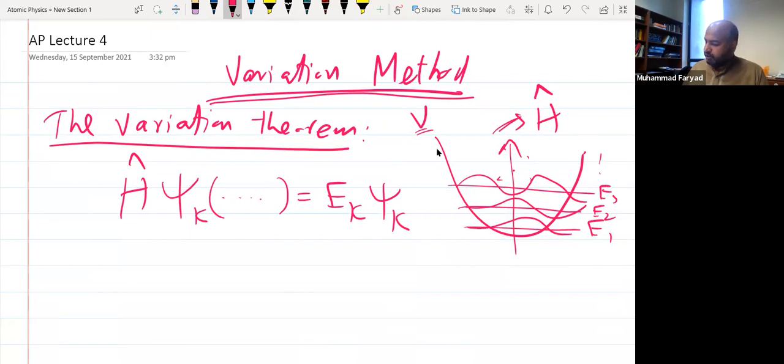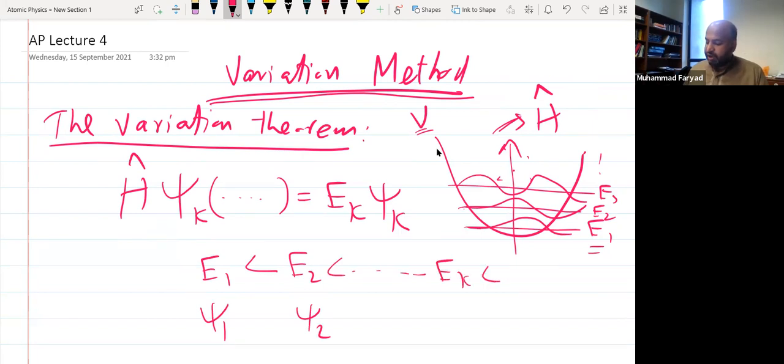So there's a ground state with energy E1, then there's a first excited state with energy E2, E3, and so on. And let's imagine that we have numbered these states like this, that the ground state is psi1 and the energy corresponding to it is E1, and the first excited state is psi2 and the energy corresponding to it is E2, and energies are labeled so that E1 is the smallest, then E2 is greater than E1, then E3, and so on. So this is the labeling that we will be using.